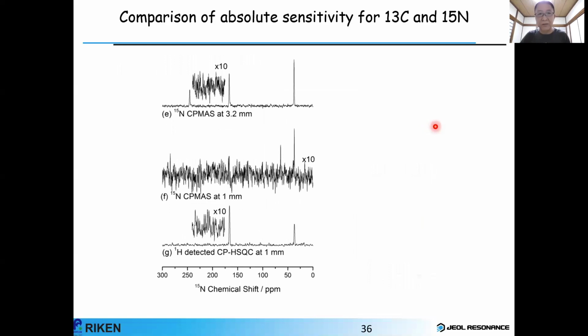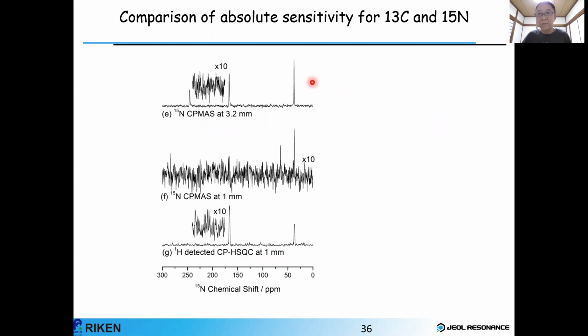And as we discussed, the sensitivity enhancement is more dramatic in low gamma nuclei. In the case of nitrogen-15, we have sensitivity like this with a standard rotor. Even in a 2D experiment, we have almost the same sensitivity.